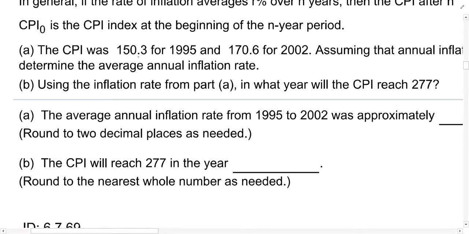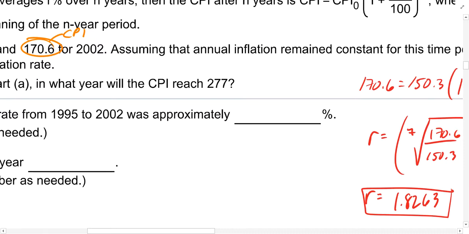So if we're told that the CPI was 150.3, so this is our initial CPI, so CPI naught, in the year 1995, and then it rose to 170.6 in 2002, that would be the current CPI in 2002. So we started at 150.3, we rose to 170.6.